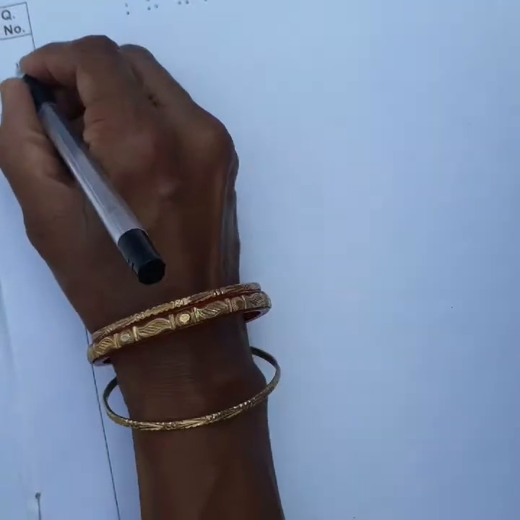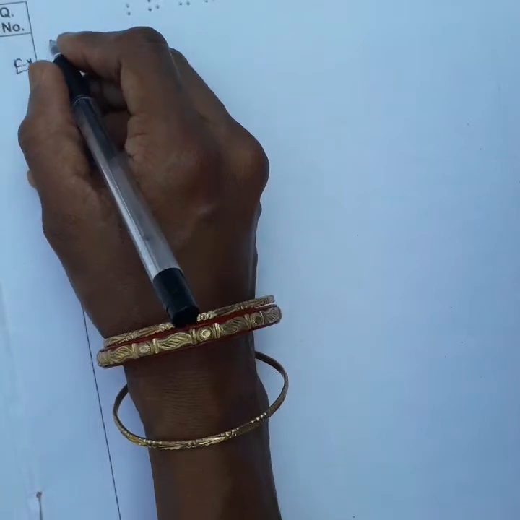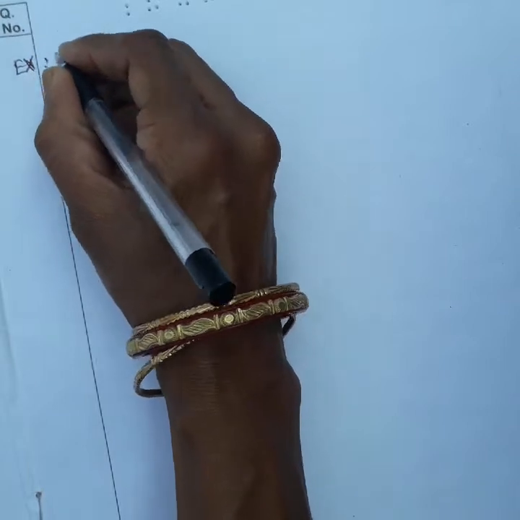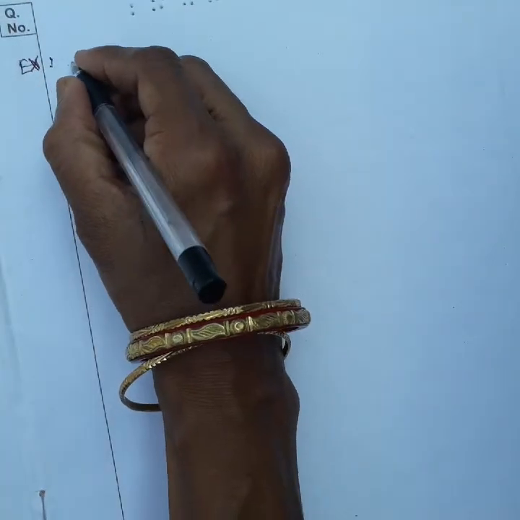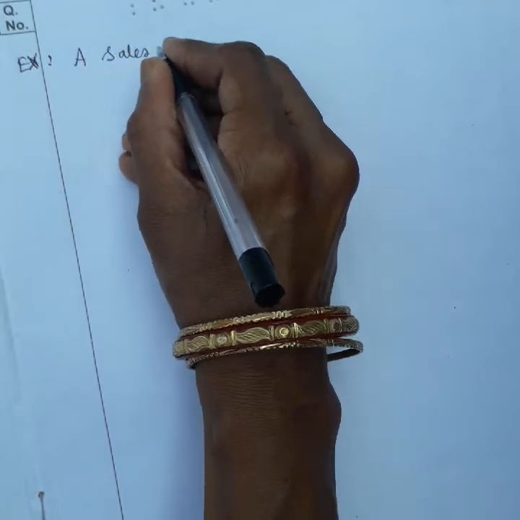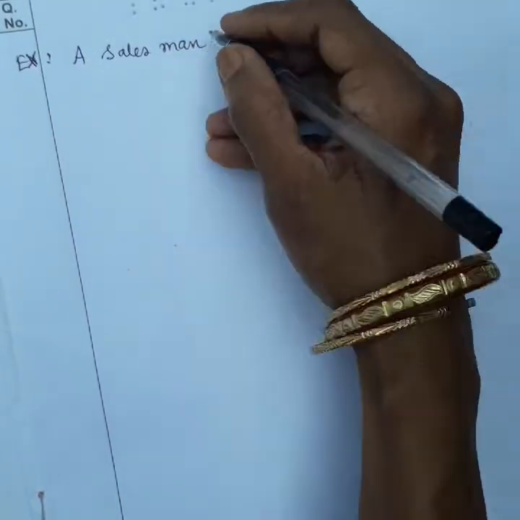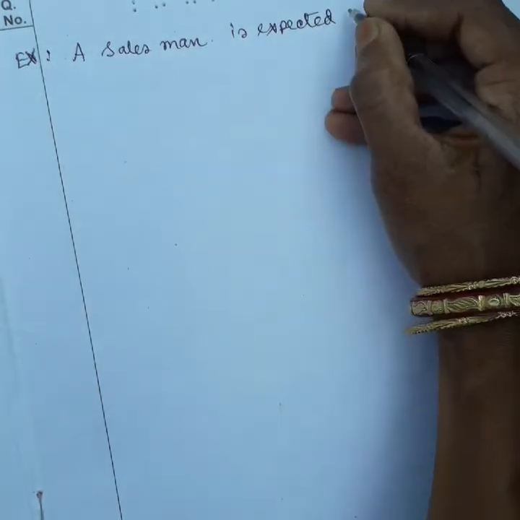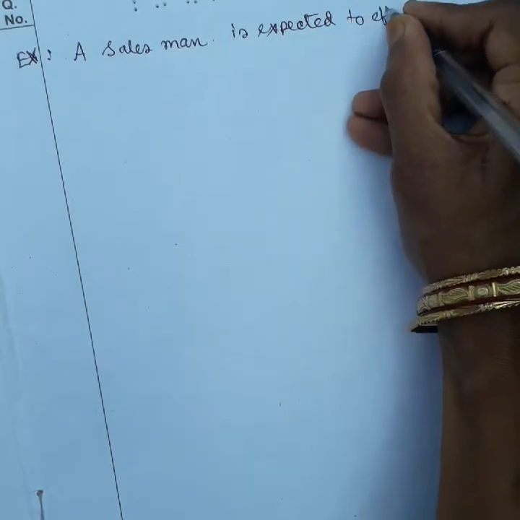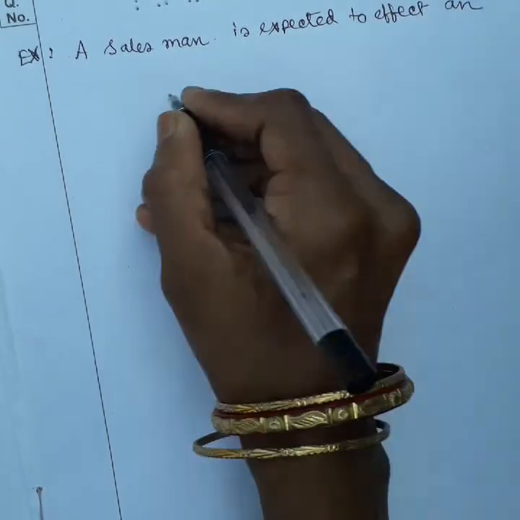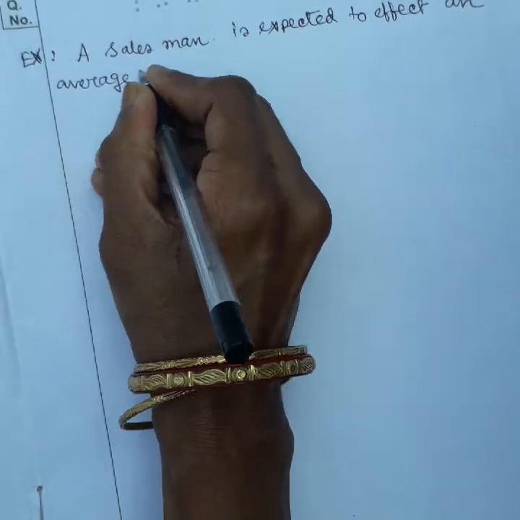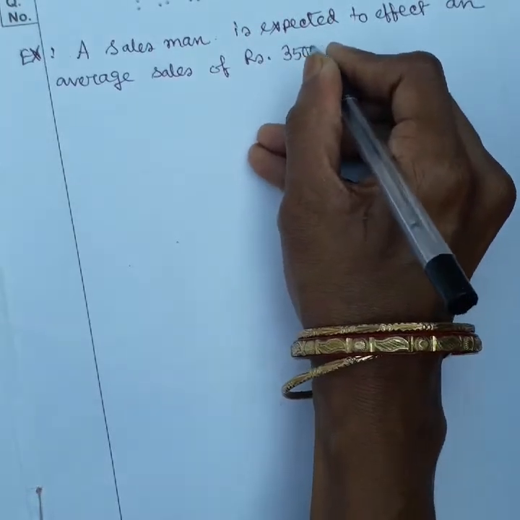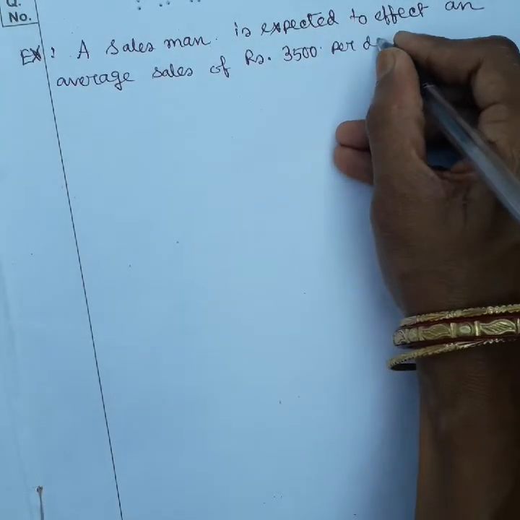So for example, let a salesman be expected to effect an average sale of rupees 3500 per day.